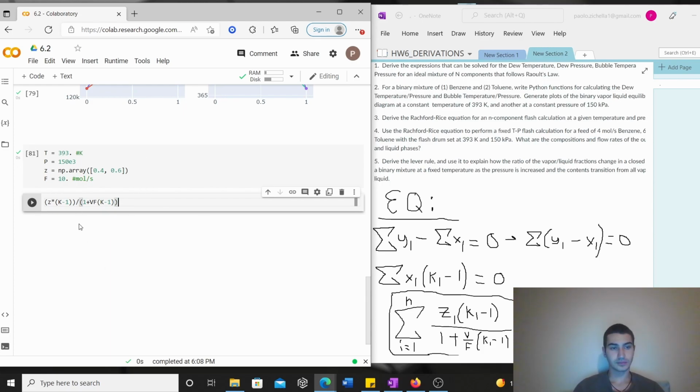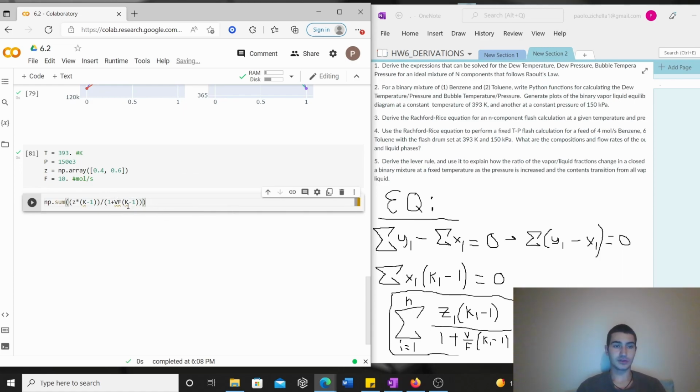However, we want the summation of this, so I'm going to use np.sum of this value. And we want this value to equal 0. We want to find when this is equal to 0. So our goal is to utilize the root function to find the VF that makes this 0.